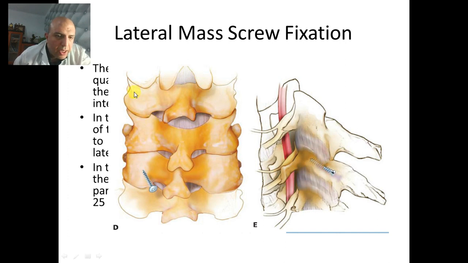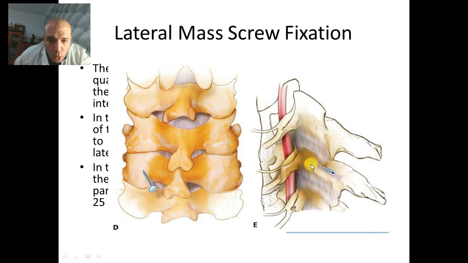This is the superior articular process and this is the inferior articular process. And the facet is inclined about 45 degrees. I can make 4 quadrants of the facet. This is a vertical line and this is a horizontal line.